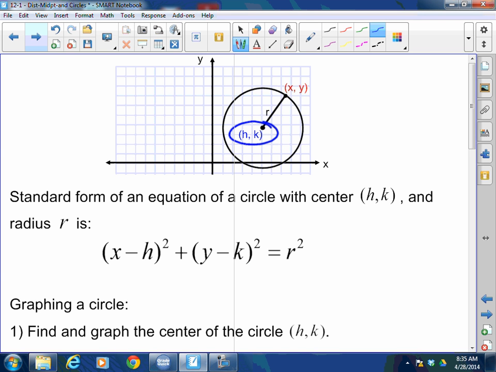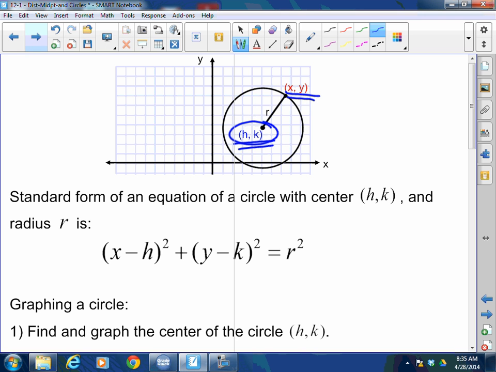And then the k moves the function up or down, depending on if it's positive or negative, right? The (h, k) affects the circle the same way, except it's affecting the center. And the radius, of course, is the distance from the center to any point (x, y) on the circle. That's what's happening with the circle.